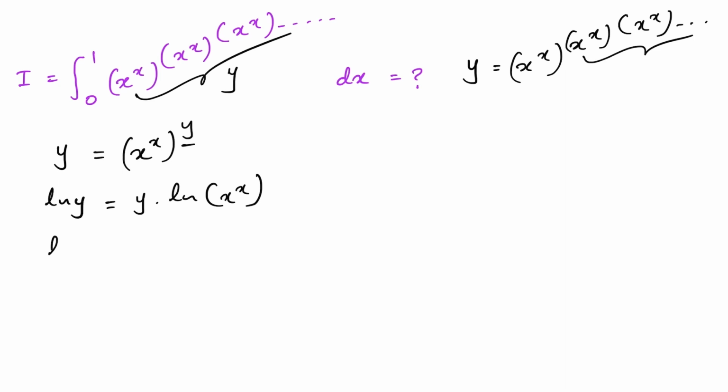Then as a next step, natural log of y is equal to, now y we can express by using e exponential. So here e to the natural log of y times natural log of x to the x.